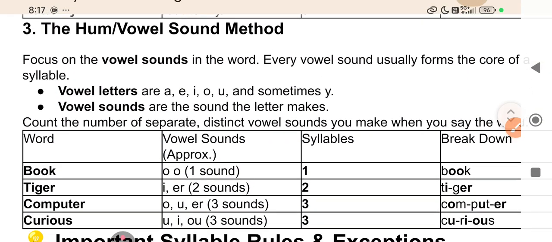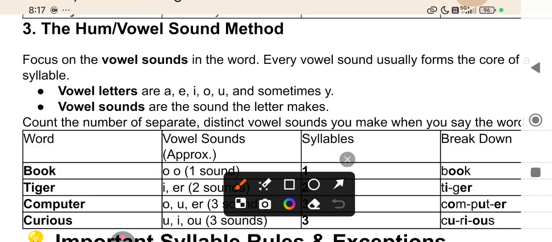Then number three, the hum or vowel sound method. What's this method? Focus on vowel sounds in a word.